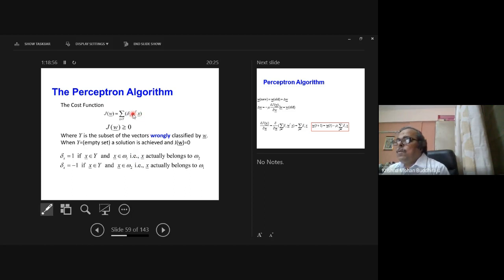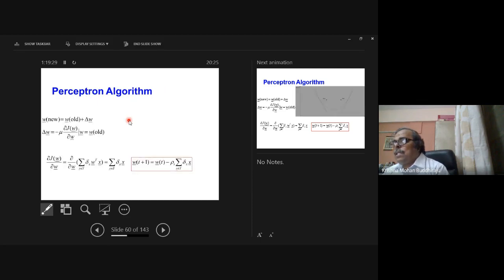How are these W's estimated? You start randomly, and find how many samples are wrongly classified. That is your error function. This needs to be minimized. How do you minimize it? What is the unknown? The unknown is W. So you differentiate with respect to W and equate it to 0. That gives you the derivative, and with the help of that, you update.